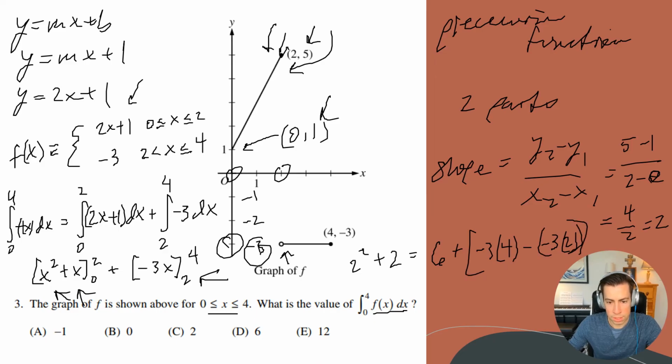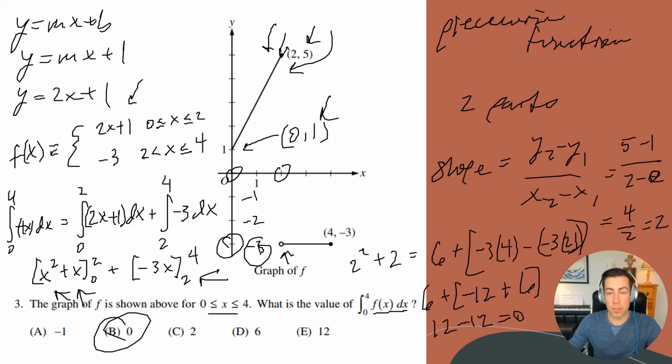So I'm going to have 6 plus -12 plus 6, because of the minus minus. Whenever I compute these values, 6 plus 6 is 12, and 12 minus 12 is just 0. So the correct answer is actually going to be 0.